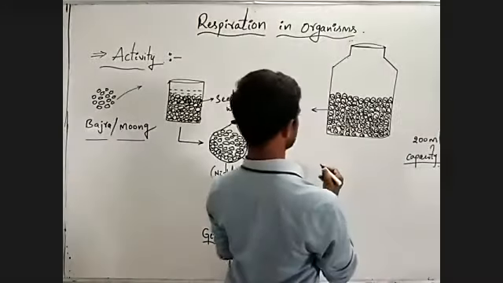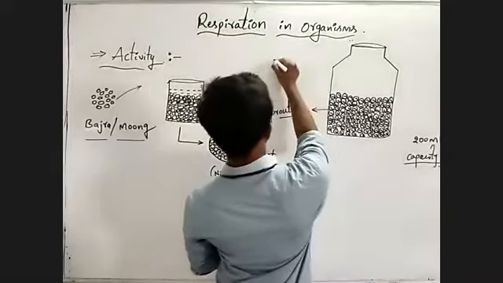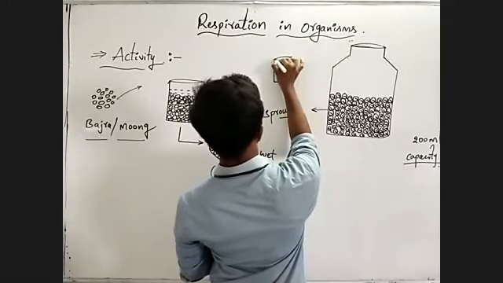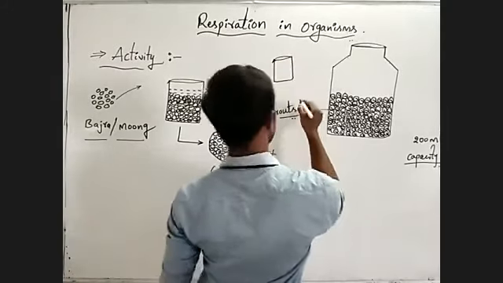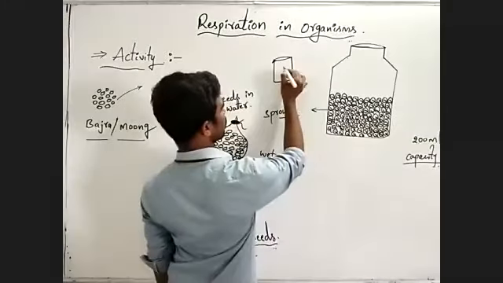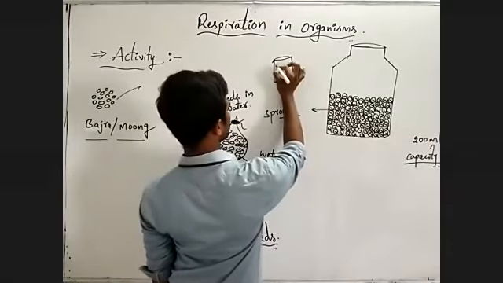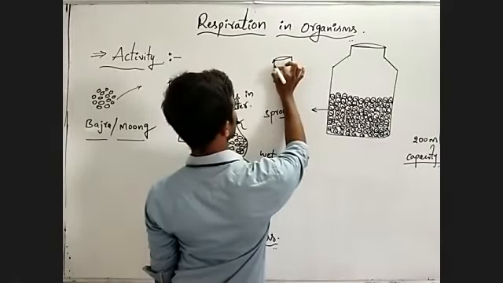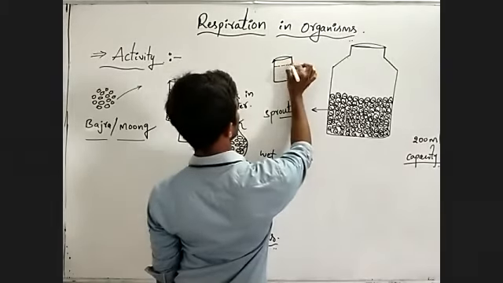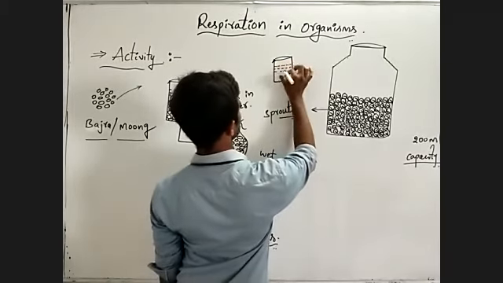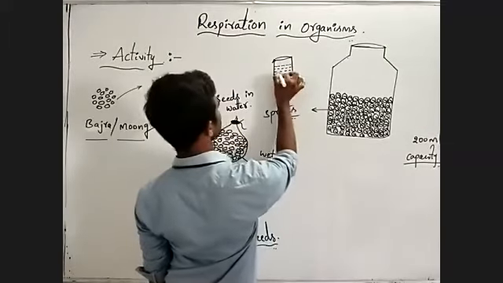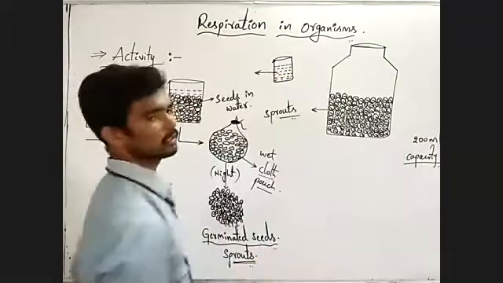Now you have to take a small injection bottle size beaker. Then you have to fill the beaker with lime water, three-fourths of the beaker.